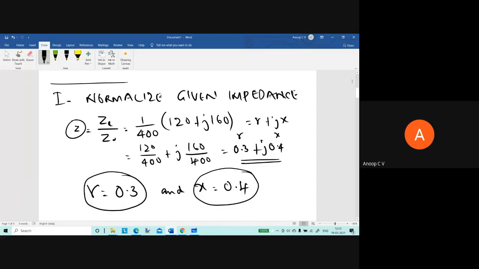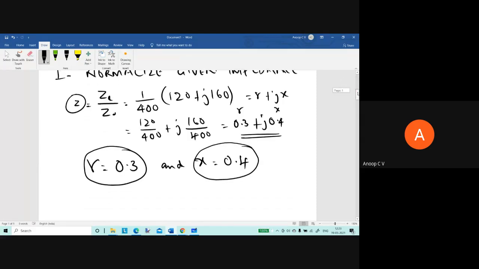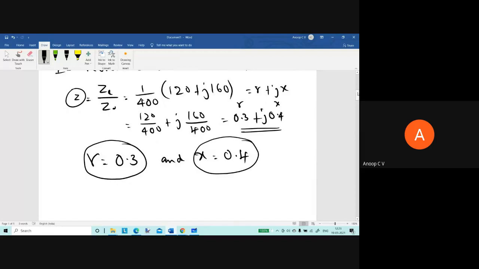Right. So if I have to locate the point Z, the normalized load impedance point on Smith chart, what I should do?